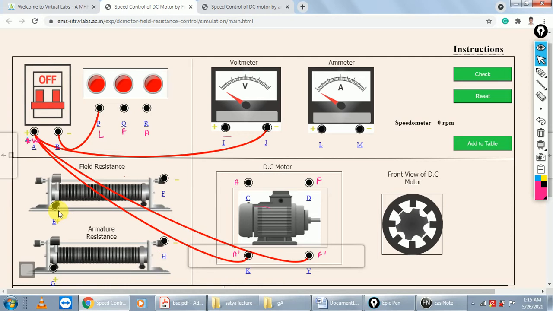The rheostat E terminal connects to this ammeter. Then this is the F terminal. The F terminal is connected in series with this field winding.